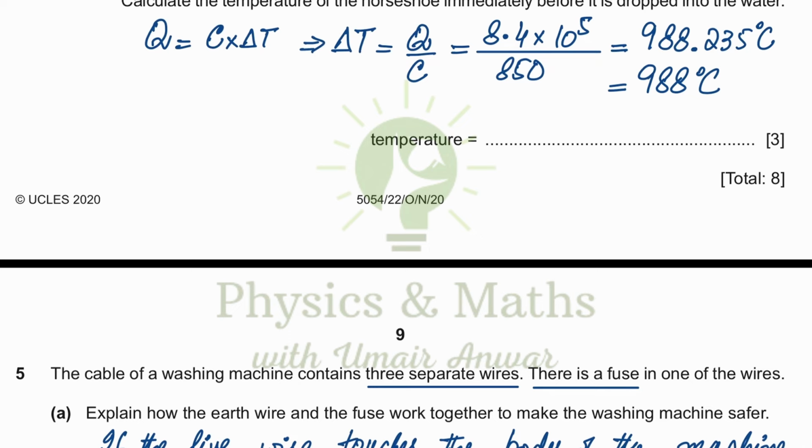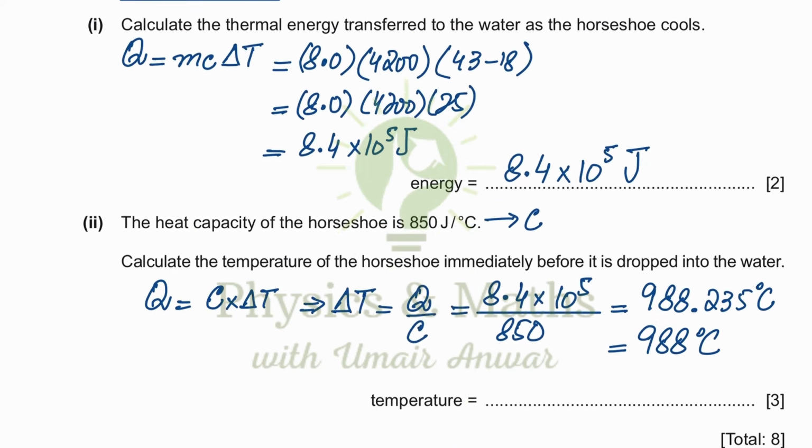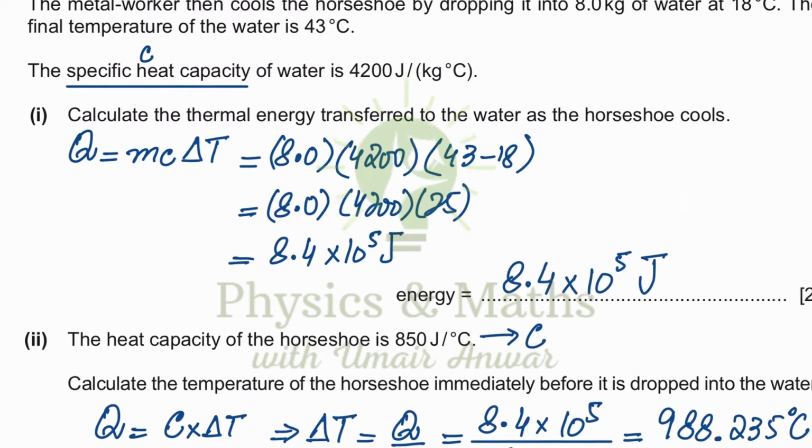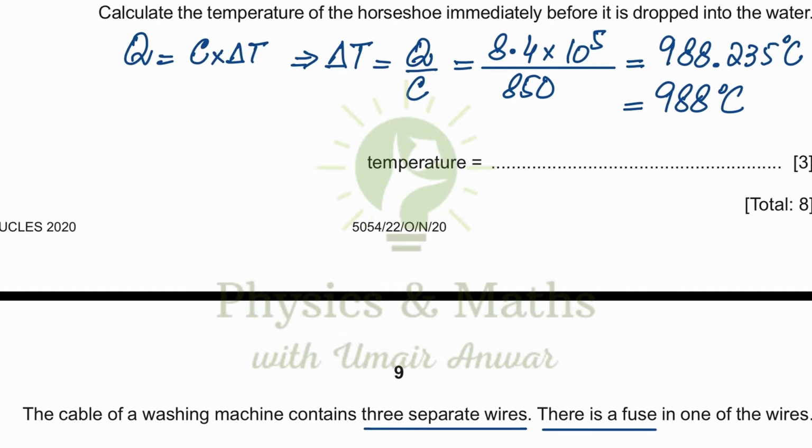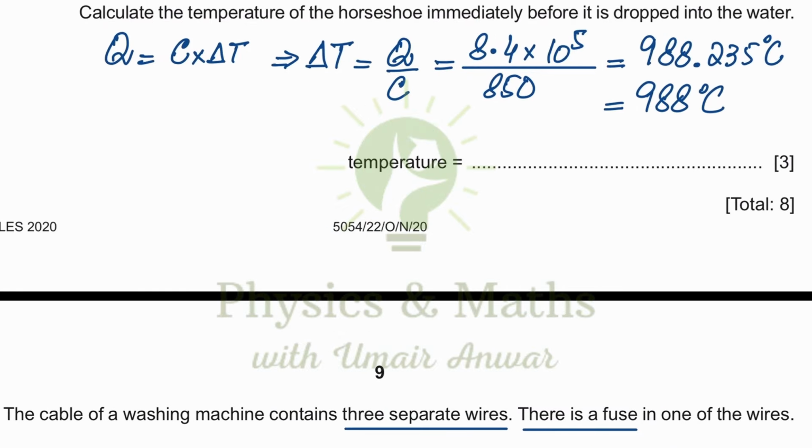Now, this is the temperature change taking place for the horseshoe, and it is losing heat to water. And we know that finally the temperature of the mixture in which the horseshoe and the water are present is 43 degrees centigrade. So we have to find the initial temperature of the horseshoe immediately before it is dropped into the water.